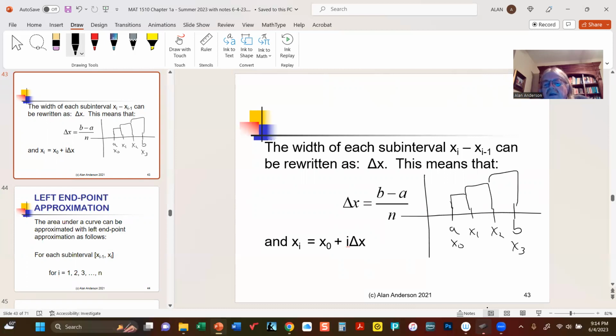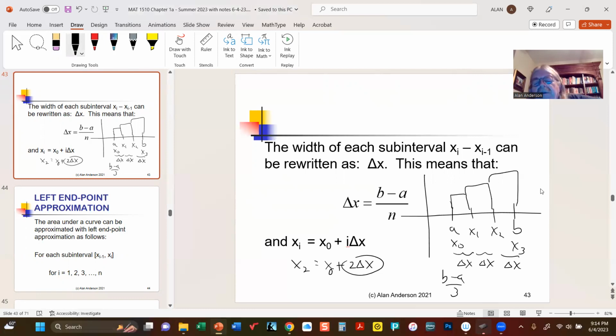So the width of each of these is b minus a over 3, because there are only 3 rectangles. And what it also implies is that for any x, let's say x2 is x1 plus the distance between the two. Oh, sorry, no, I'm looking at it wrong. x0 is the starting point. In other words, x2 is 2 intervals away from x0. That's what this is meant to represent.